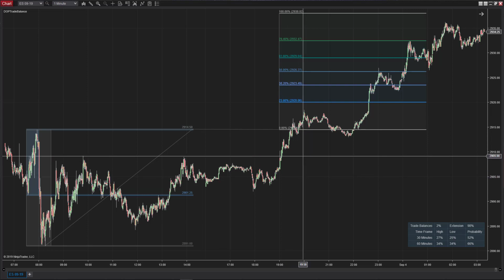And the reason why this happens is because you have to realize that when we move beyond the balance area, especially during the regular trading hours, a lot of what's driving that is institutional buyers. And if we're dropping, it's institutional sellers. So there's a lot of money at play here. And so what happens is you'll have an initial push only to see the market pull back into the balance area.